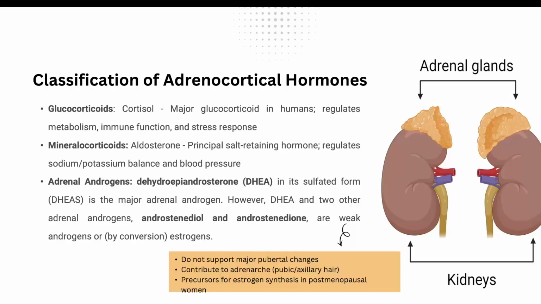The normal level of adrenal androgen is very important, especially for postmenopausal women. If you ask me why, I will tell you that the adrenal androgen is a precursor for the synthesis of the potent form of estrogen.